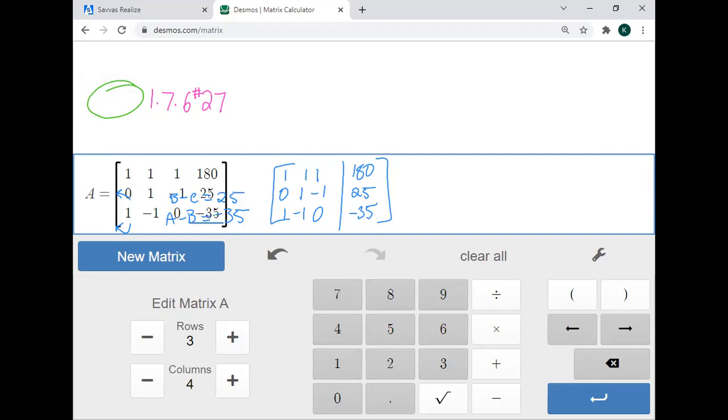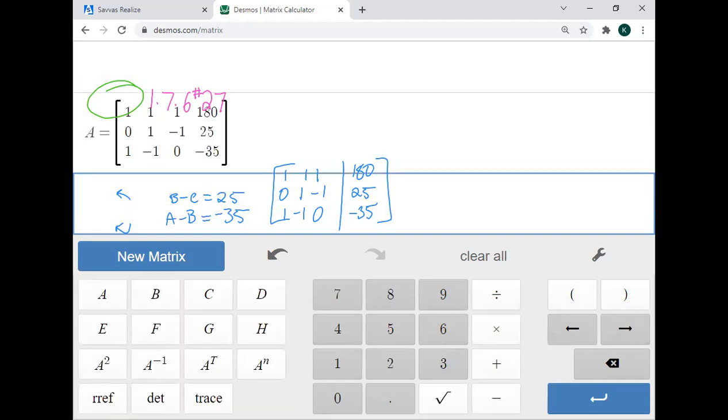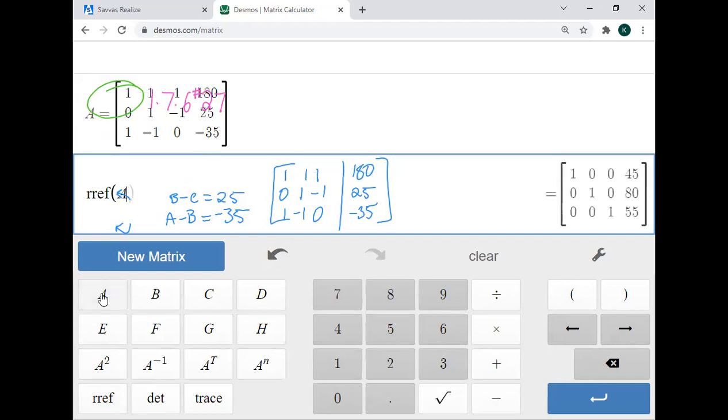There's our matrix A. We'll press enter so we get that matrix. And then reduced row echelon form. The bottom left, we want that RREF, and then press the A button for that matrix A. And there's our reduced row echelon form over here. We get that diagonal of 1s, and then our answers 45, 80, and 55.